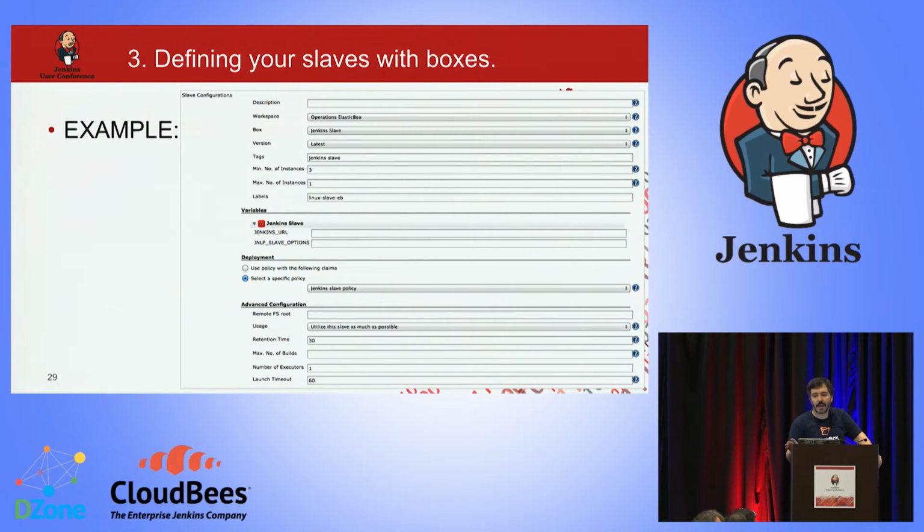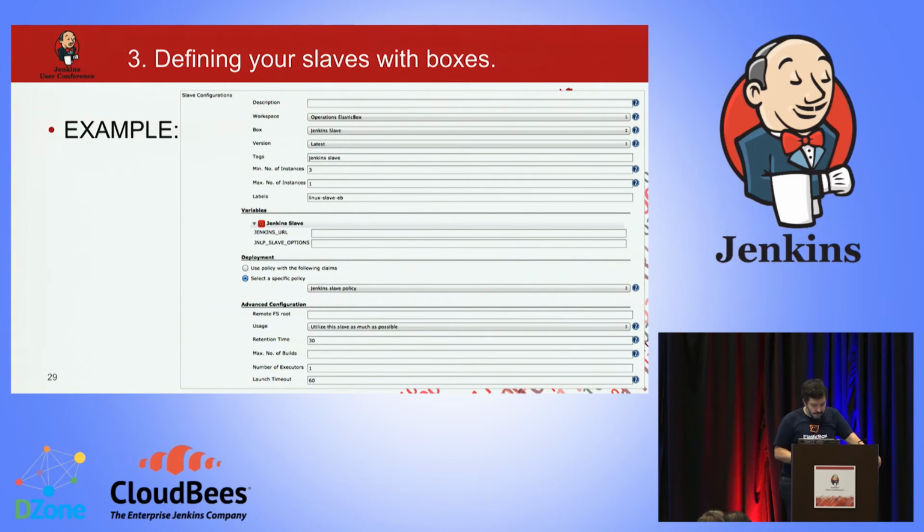That box can be any box that you have in Elasticbox, so it can be a slave, but it can be basically any other software component that you describe. You can specify the version, or you can say latest, so you will deploy the latest version that you have. Then you can specify the tags that we're going to use to manage the instances at scale.